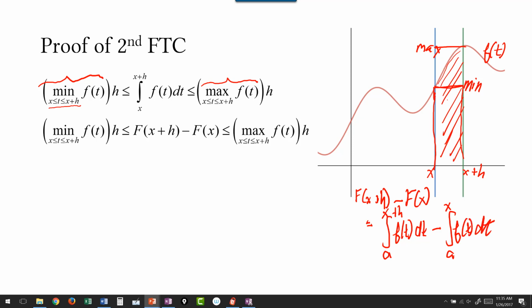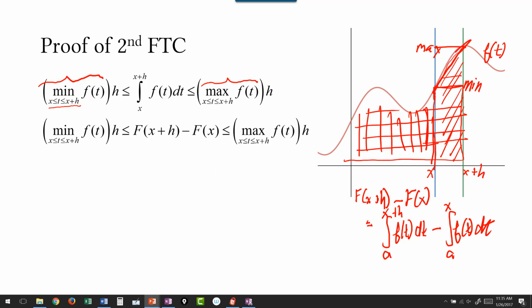So that's saying that if I come over to my picture, the area under the curve out to x plus h minus the area under the curve just out to x leaves me with the area under the curve from x to x plus h.